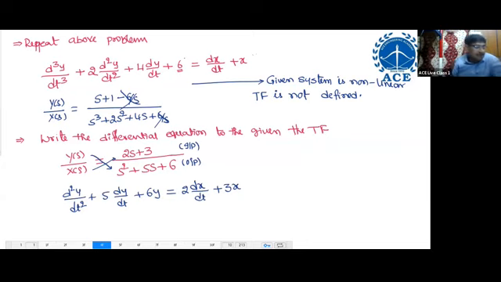Okay. Next one. Sensitivity. What is the sensitivity, first of all?